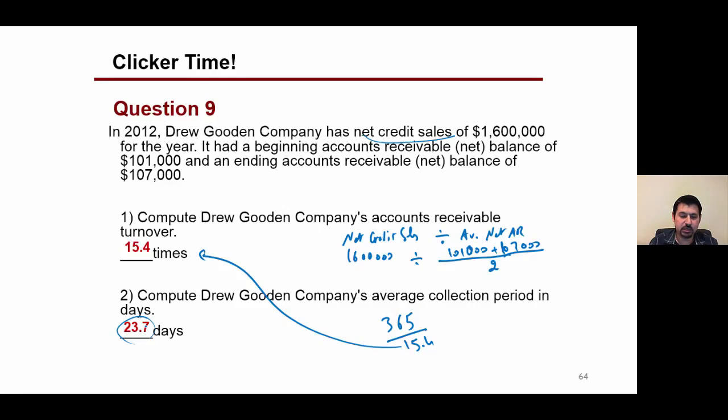This tells us that the company was able to collect its accounts receivable 15.4 times during that year, and it takes them on average 23.7 days to collect their accounts receivable.